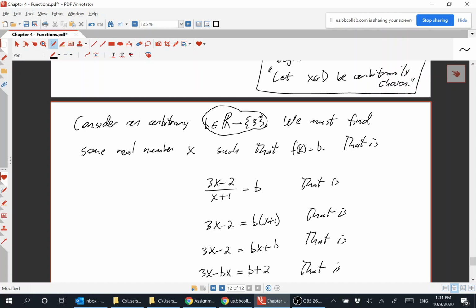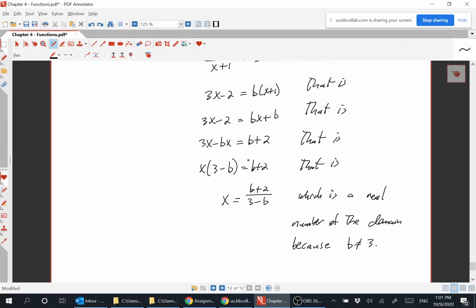So we picked an arbitrary real number that's not 3. Then we did all this algebra, and we came out with x is equal to b plus 2 over 3 minus b. And that's a real number because b isn't 3. If b was 3, then there'd be a problem, but it's not. Okay?